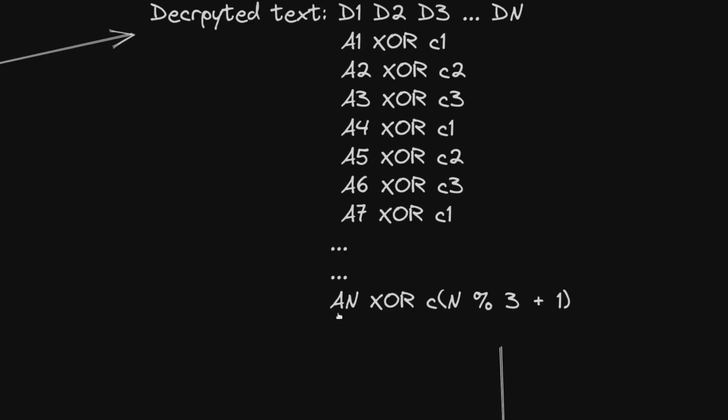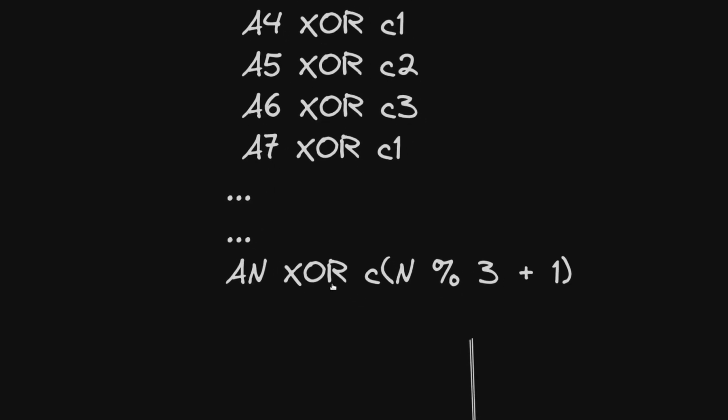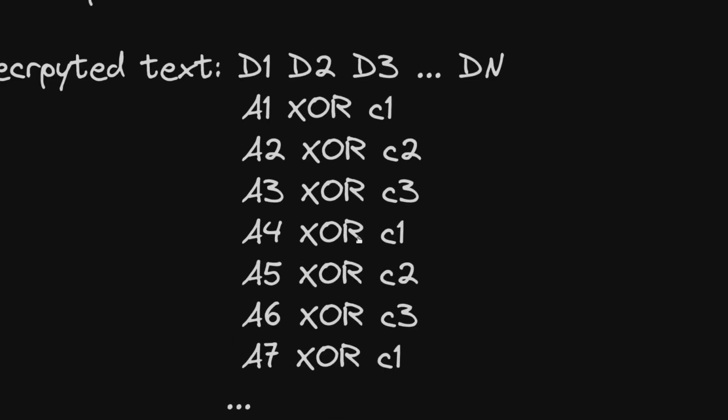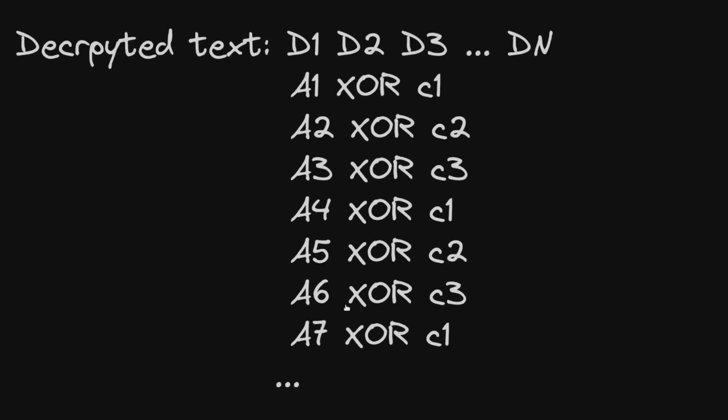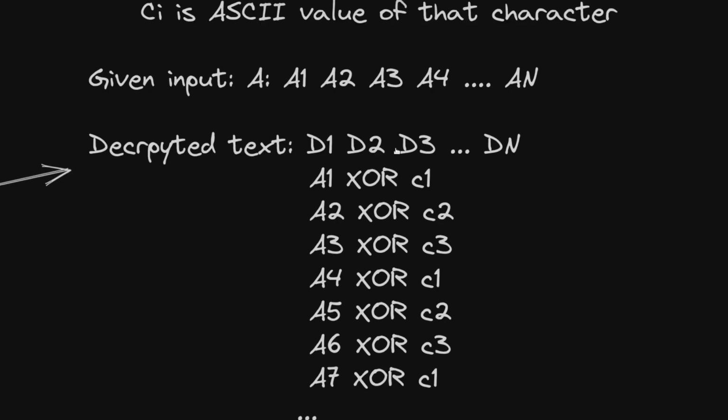So the formula comes out to be: the decrypted text at ith position will be the encrypted text at ith position XOR with the key at (i mod 3) plus 1 for 1-based indexing. So this is the general idea for cyclically performing the XOR operation for decrypting the text with some fixed key k.